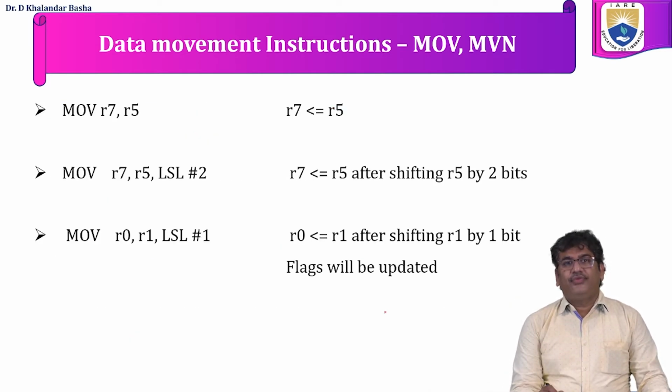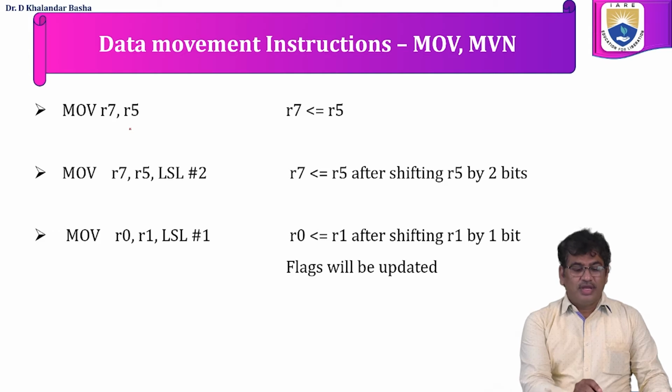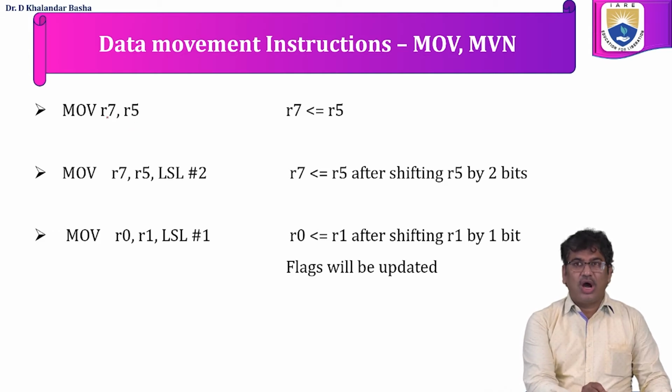Here we have a few instructions under move. We will see MOV R7, R5. This instruction will copy R5 contents into R7. MOV R7, R5, LSL #2. LSL is shift towards the left side. So the R5 contents, after shifting left by 2 bits, will be placed in R7.